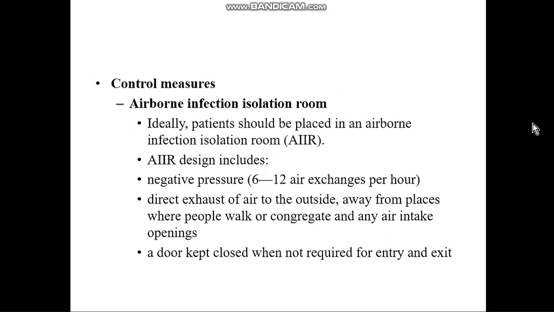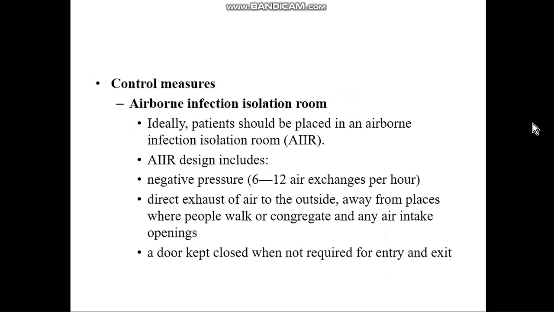The control measures include: ideally, patients should be placed in an airborne infection isolation room. The airborne infection isolation room design includes negative pressure. That is, the air should pass from the corridor towards the room, not from the room to the corridor. And 6 to 12 air exchanges per hour is the required rate of an ideal airborne infection isolation room.